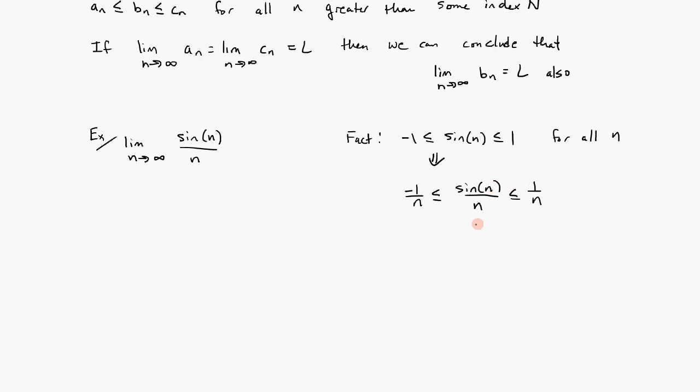So now our original sequence bn is squeezed between these two other sequences, an and cn. So now what we do is we calculate the outside limits. The limit as n goes to infinity of minus 1 over n. So as n goes to infinity, this is 1 over infinity, which is 0. And then also the limit as n goes to infinity of 1 over n. This is also 0.